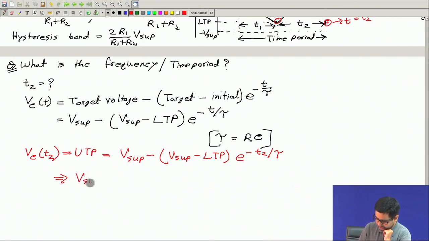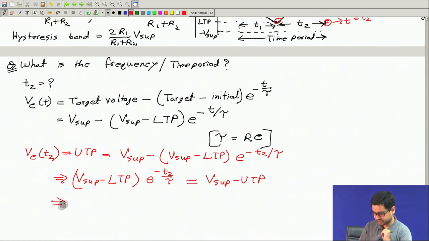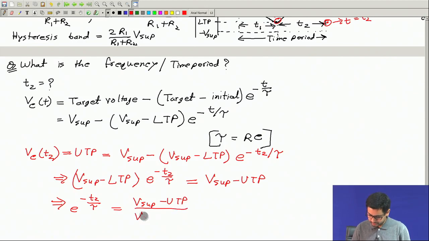So, I have V supply minus lower trigger point, multiplied by e to the power minus t2 by tau, equal to V supply minus upper trigger point. From this, e to the power minus t2 by tau will be V supply minus upper trigger point divided by V supply minus lower trigger point.